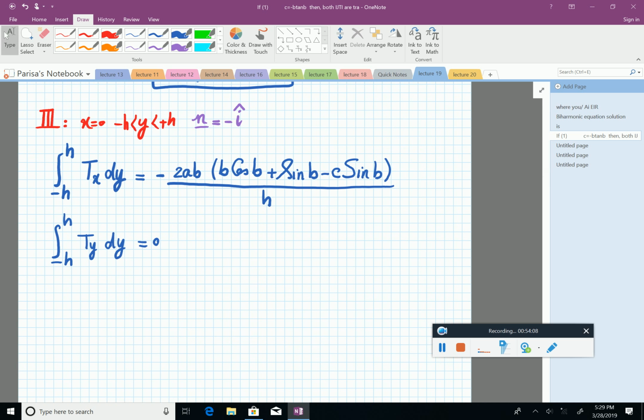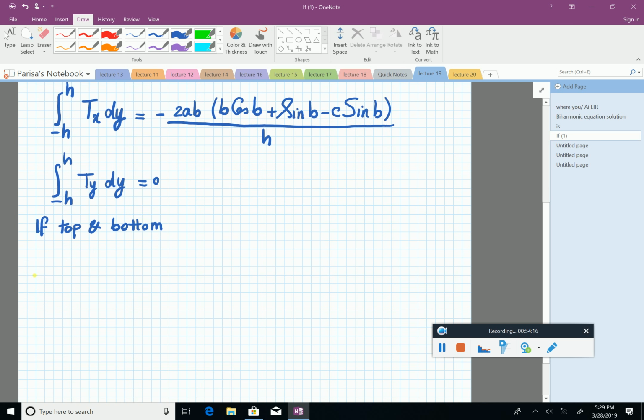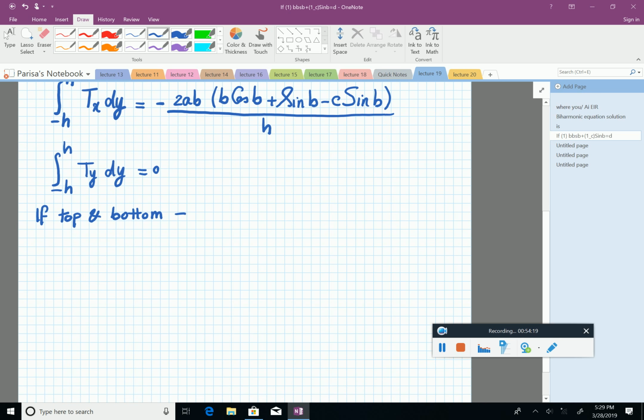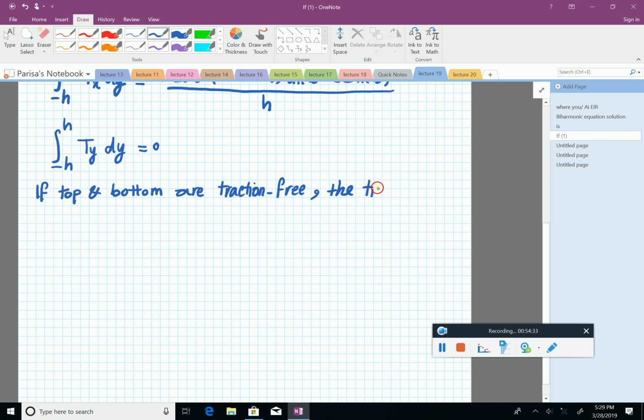So the traction on the left end has a zero resultant.